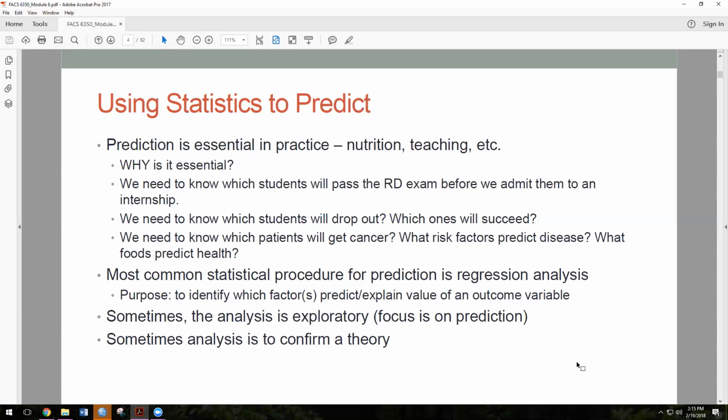So maybe I know that smoking leads to lung cancer, so I'm going to put that in an equation and confirm my theory and say, this is one of the factors, like smoking, obesity, metabolic syndrome, any of those things I can put into my equation to predict heart disease or cancer, those types of diseases. And so it's used in epidemiology.